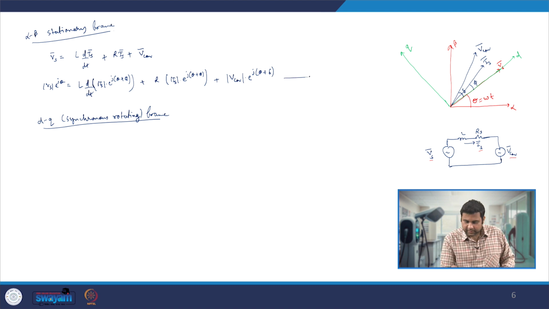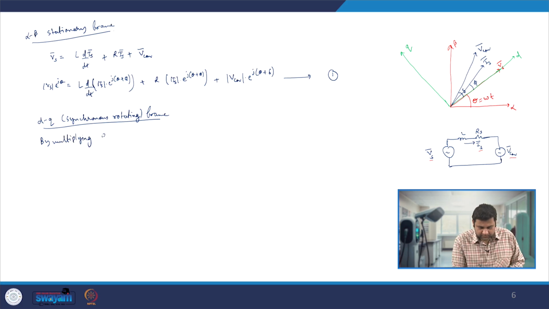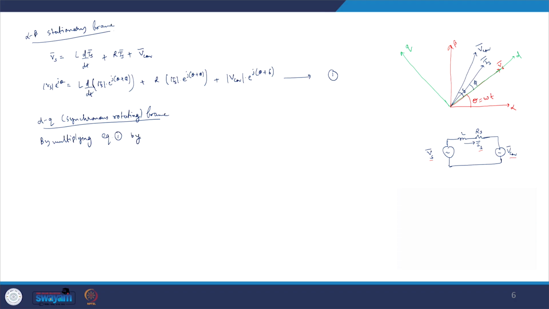We will get the dq equation by multiplying equation number 1 by e raised to the power minus j theta, because what we are doing is shifting the alpha beta frame equation to the dq frame equation, and that we get by subtracting the angle theta in all the vectors.